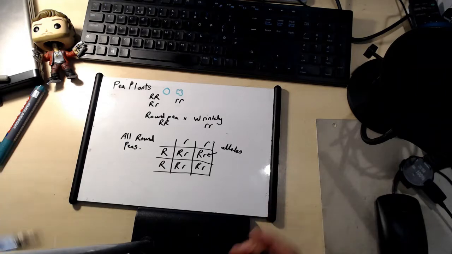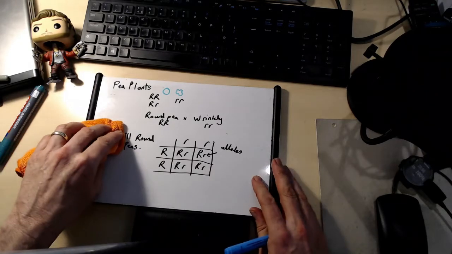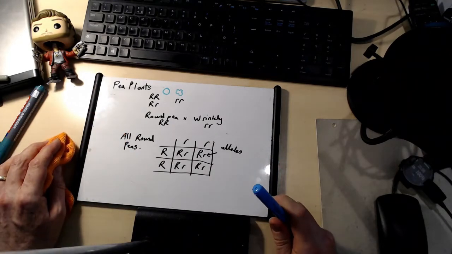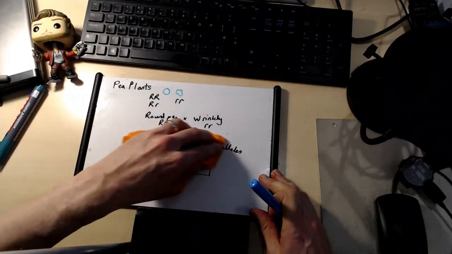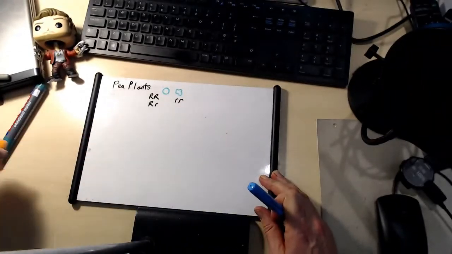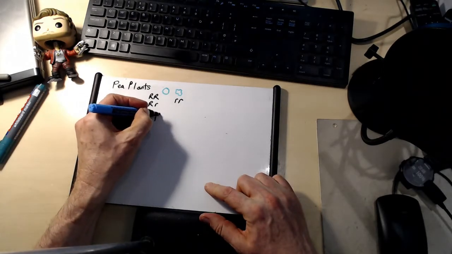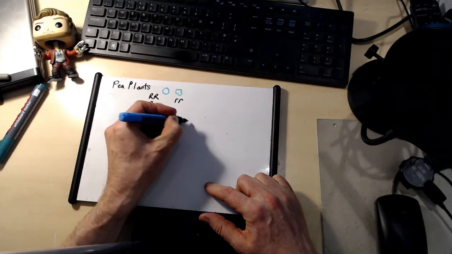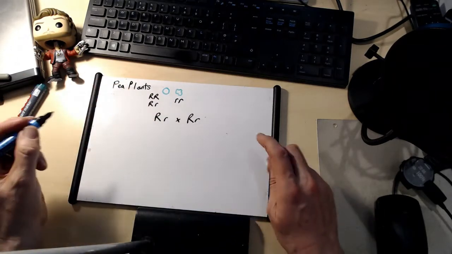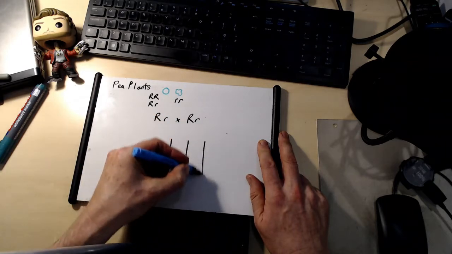So let's have a look at a different one, with different ratios. Let's imagine we take those offspring. We're going to take both round peas, both heterozygous dominant, and cross them again in a Punnett square.